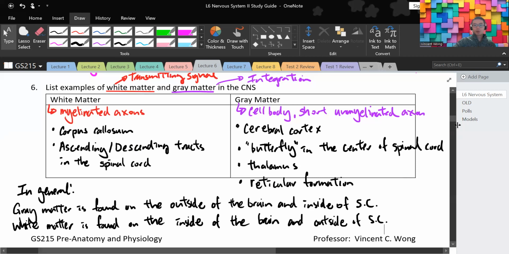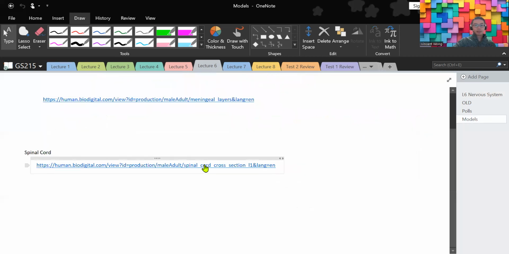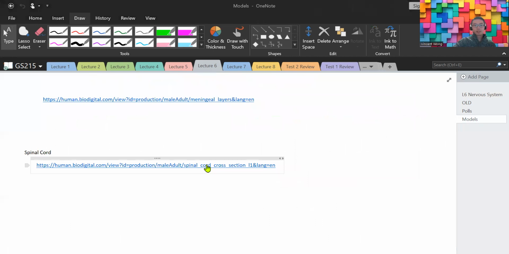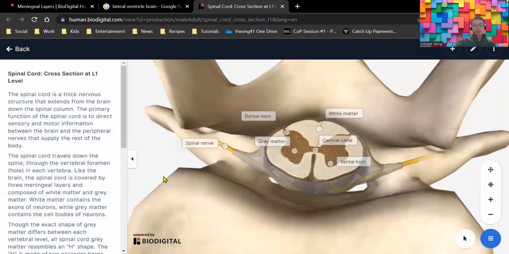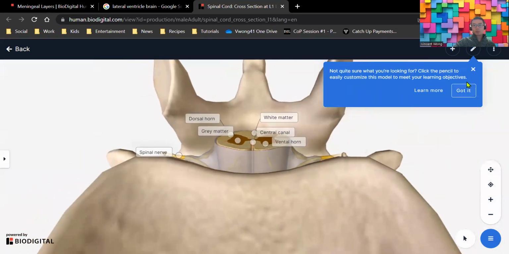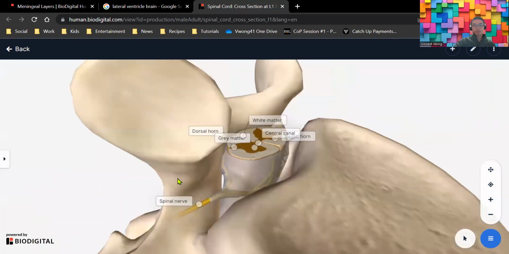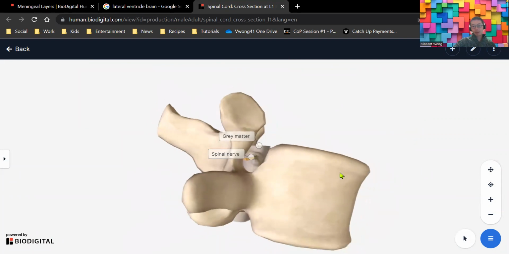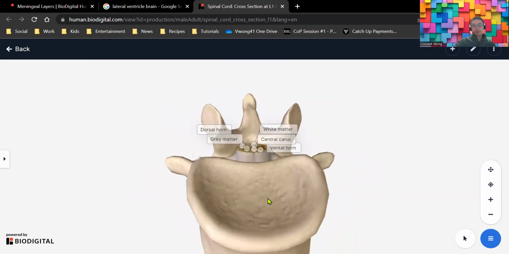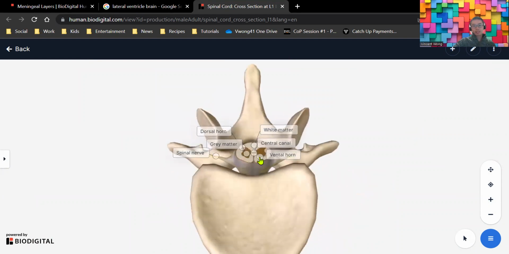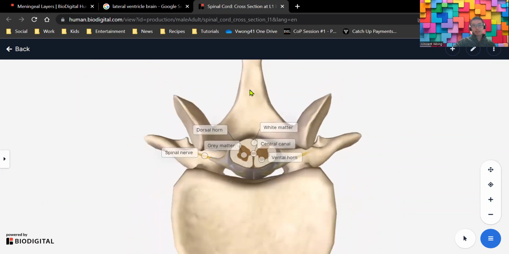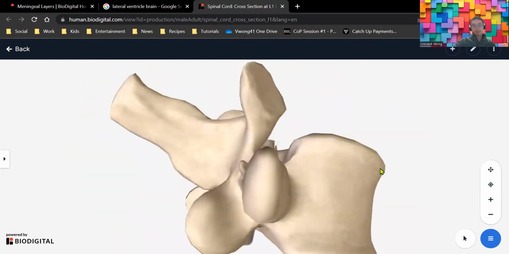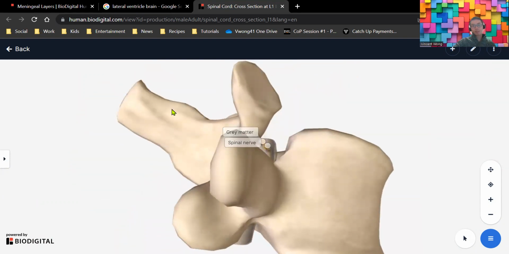Let's go through the spinal cord together. So here you can see the spinal cord. These models are available on eCentennial, of course. You can see this is one of your vertebra, a slice of the backbone, if you would, and in the center of it, that's where your spinal cord is. These are called spinous process.